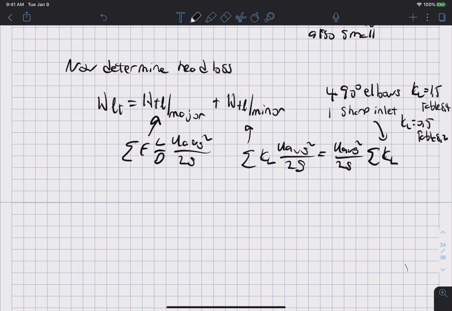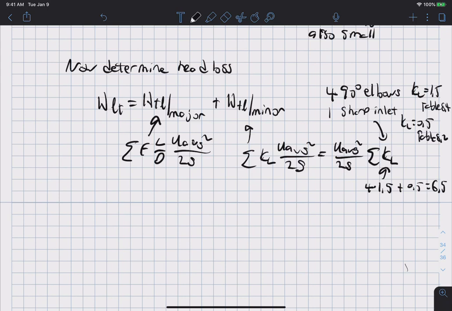So the sum of the K's equals 4 times 1.5, because there are 4 elbows, plus 0.5, which equals 6.5, the sum of all the loss coefficients.